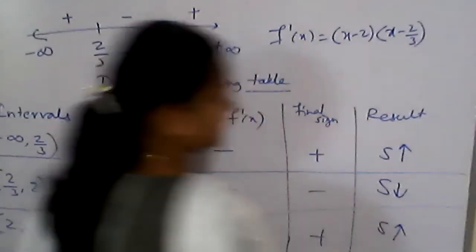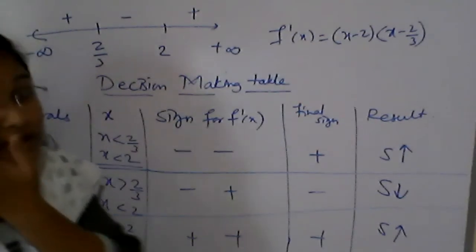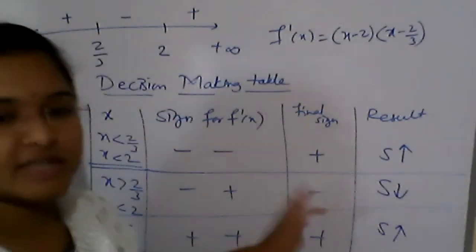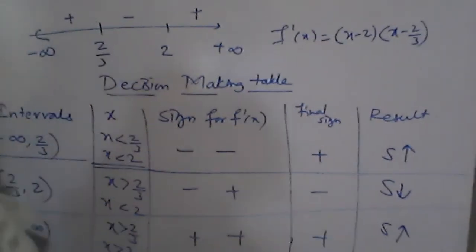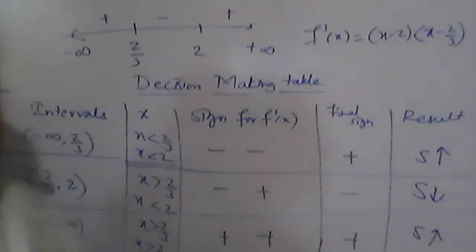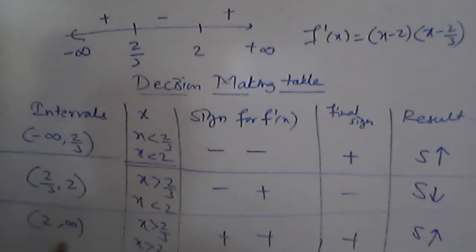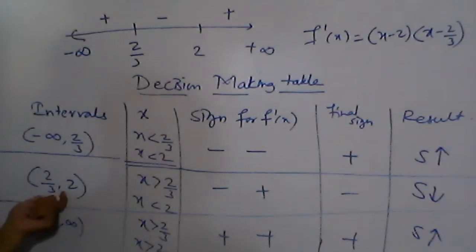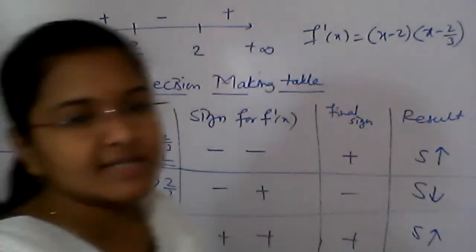So after this chart, you can say that the given function is strictly increasing in the interval minus infinity to 2 by 3 union with 2 to infinity. And for 2 by 3 to 2, the given function is decreasing.